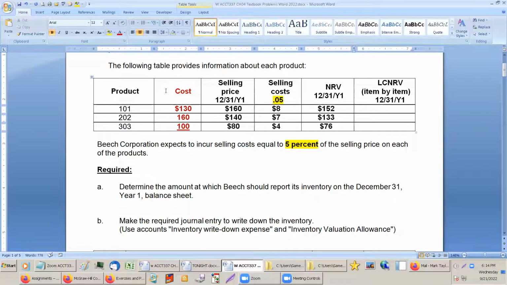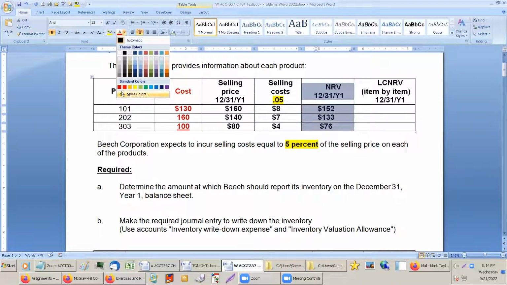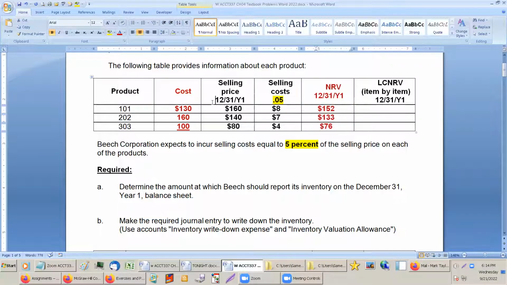Okay, so which is the lowest? The cost or the net realizable value? So the first one is the cost, right? It's the lower.